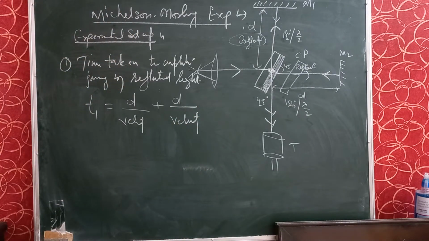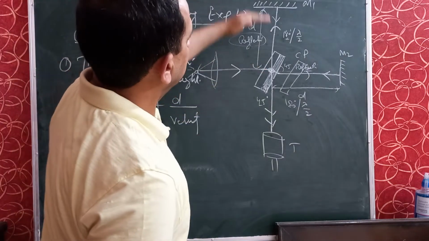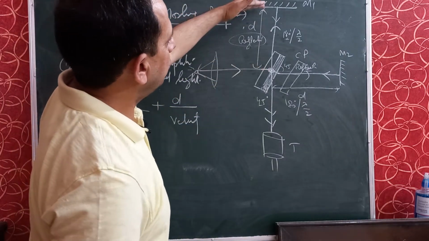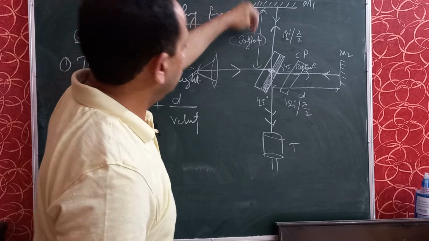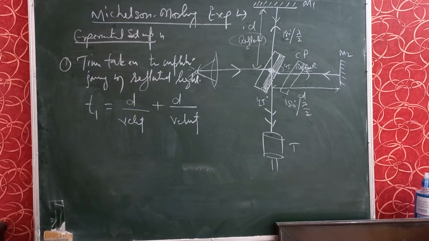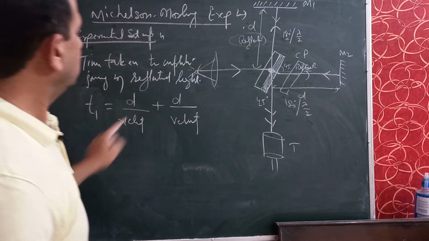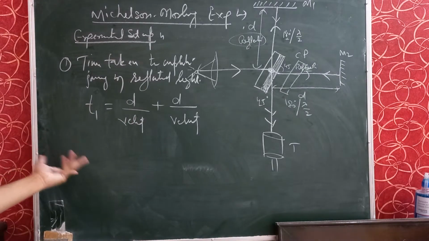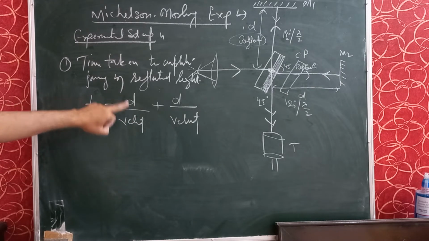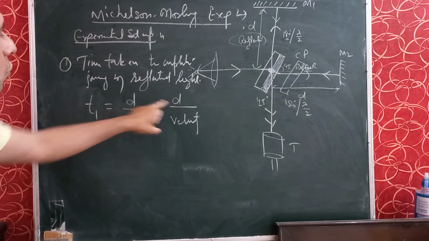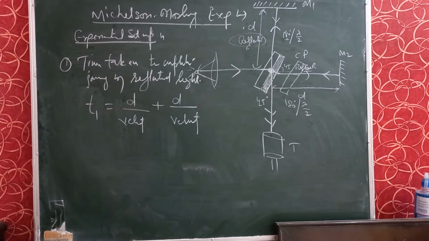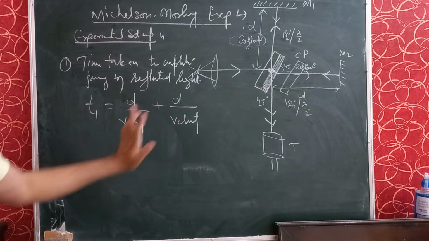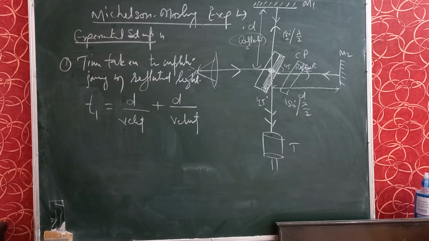Is it clear? What is the velocity of light in the upward direction and what is the velocity of light in the downward direction? You know that time is the ratio of distance to velocity. So there are two time intervals, the time of ascent and the time of descent, a sum of two times for the complete journey.